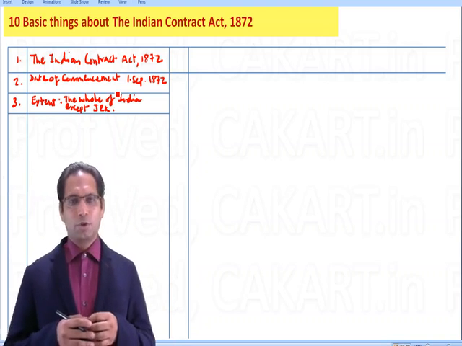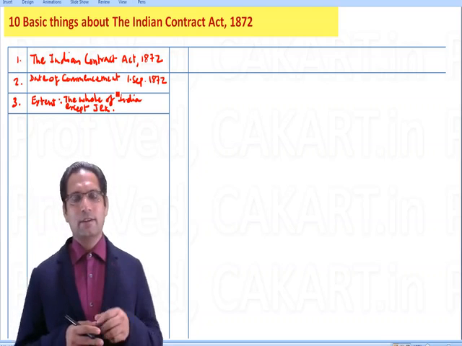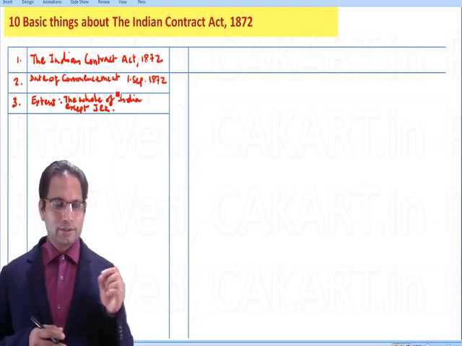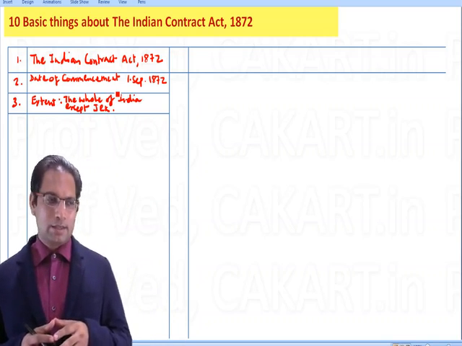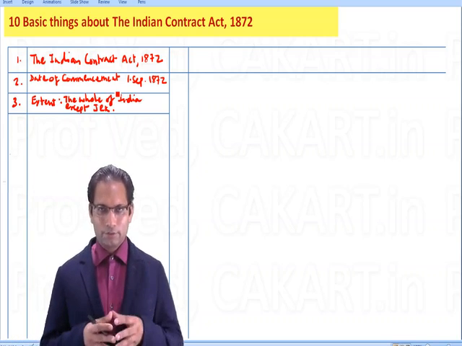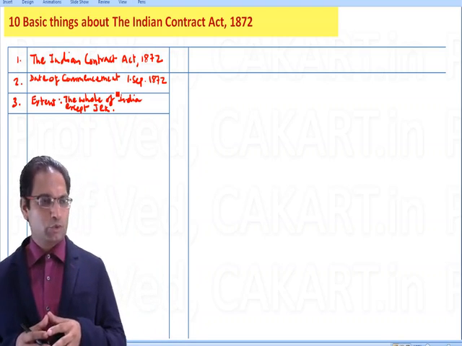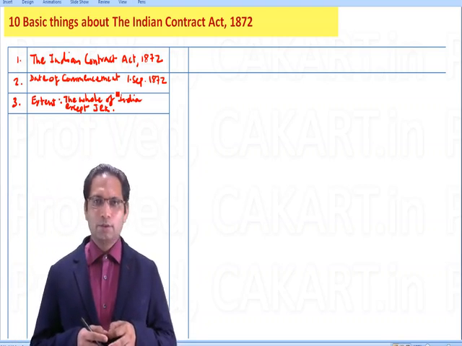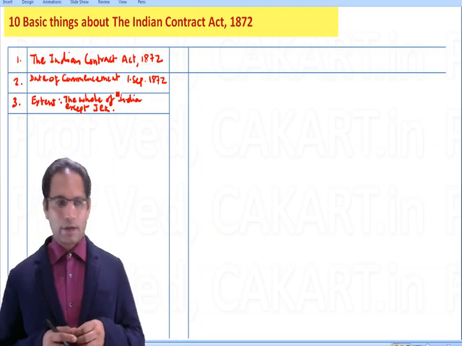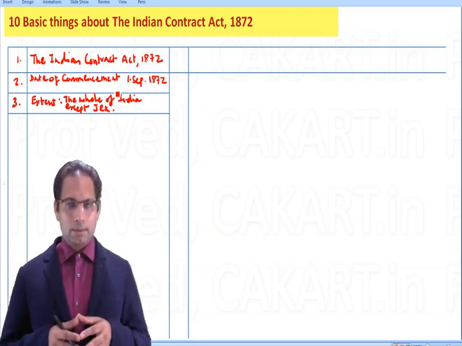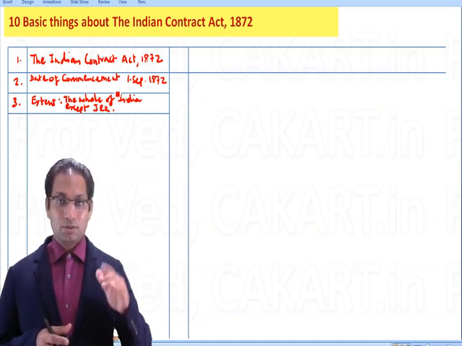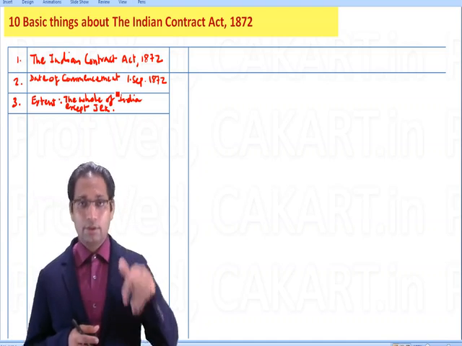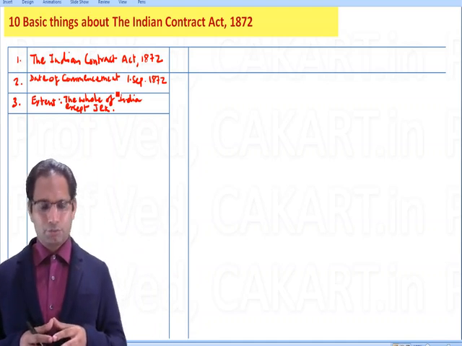Jammu and Kashmir enjoys special status under Article 370 of our Indian Constitution. In that special status, a lot of things are different for the state of Jammu and Kashmir. And one thing that is also different is that the Indian Contract Act 1872 applies to all other states of this country except the state called Jammu and Kashmir.